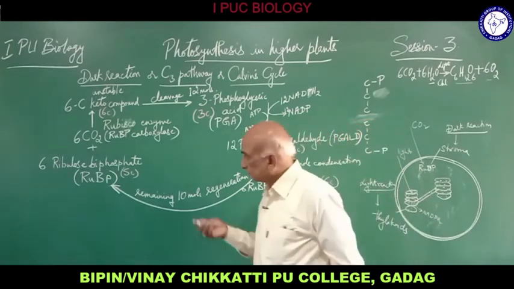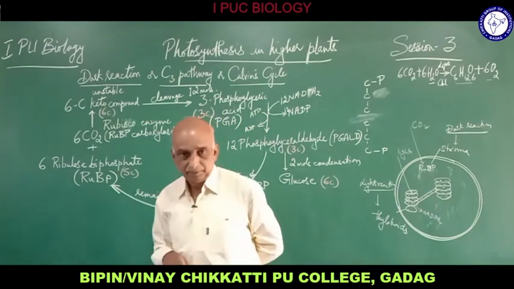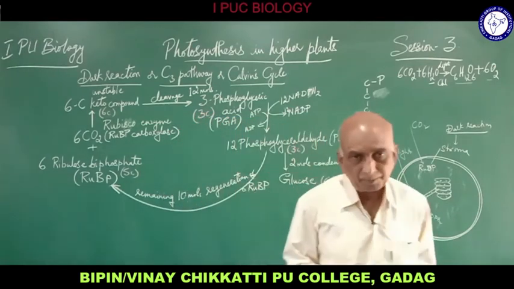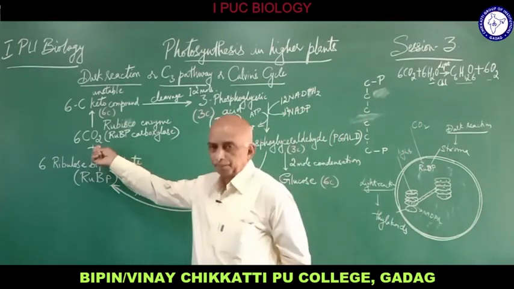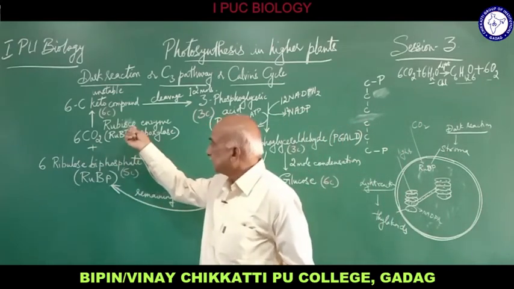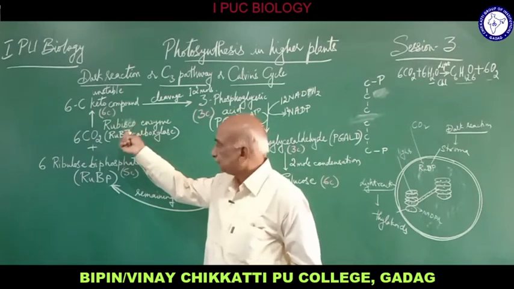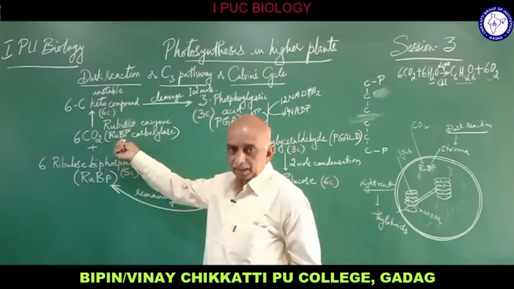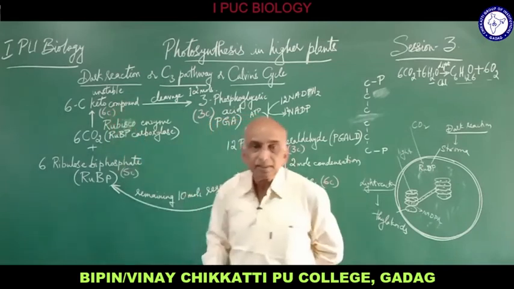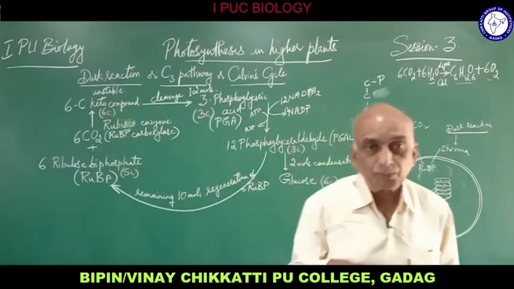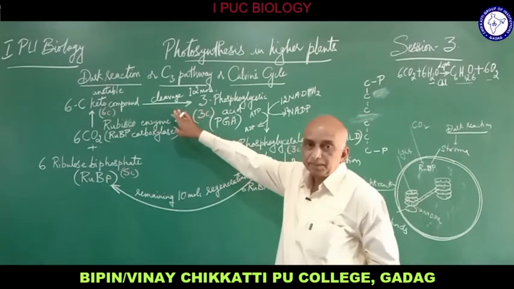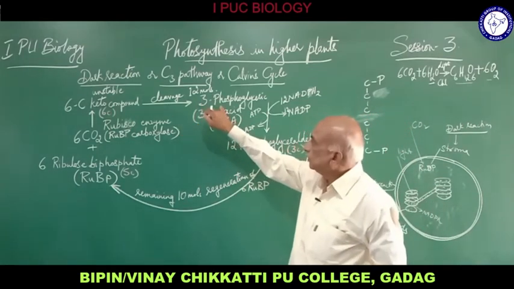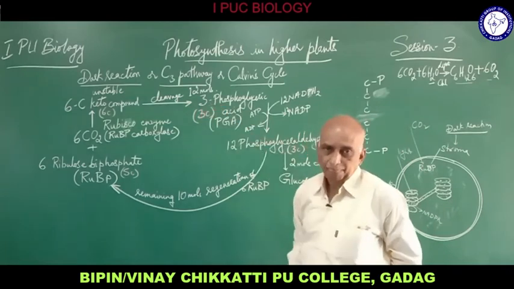Then RuBP, which is formed in the stroma, combines with CO2 in the presence of Rubisco enzyme, or RuBP carboxylase enzyme, to form an unstable compound which soon undergoes cleavage, meaning splitting, to form 3-phosphoglyceric acid.